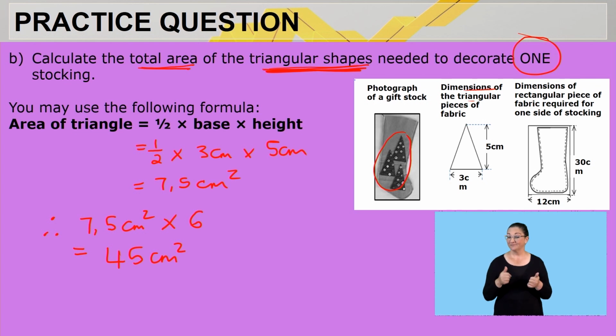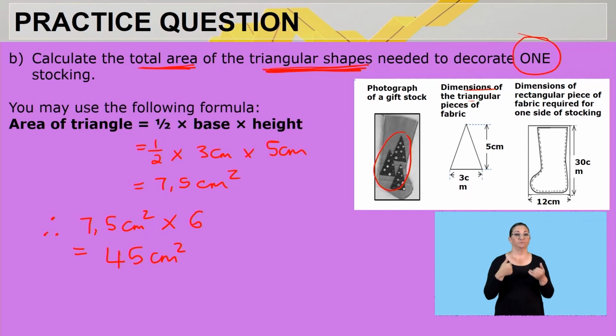Guys, are we clear? I'll quickly run through this again. The question at the end says, calculate the total area of the triangular shapes needed to decorate one stocking. We know that one stocking will consist of 6 triangular shapes, 3 on the one side as well as 3 on the other side. Then I looked at the formula presented. To calculate the area of a triangle, it's half times base times height.